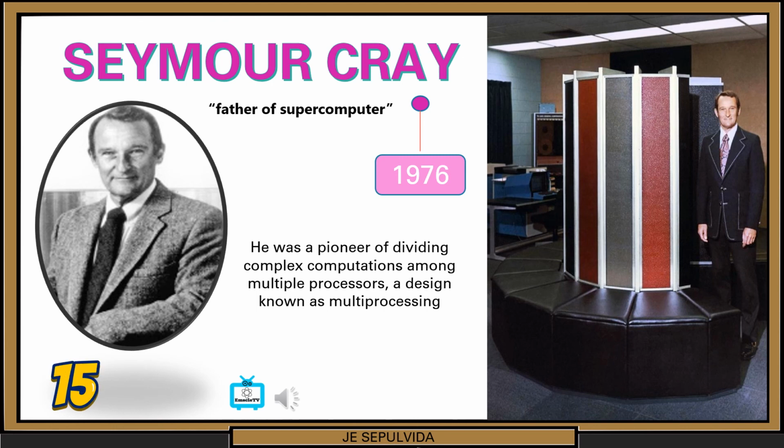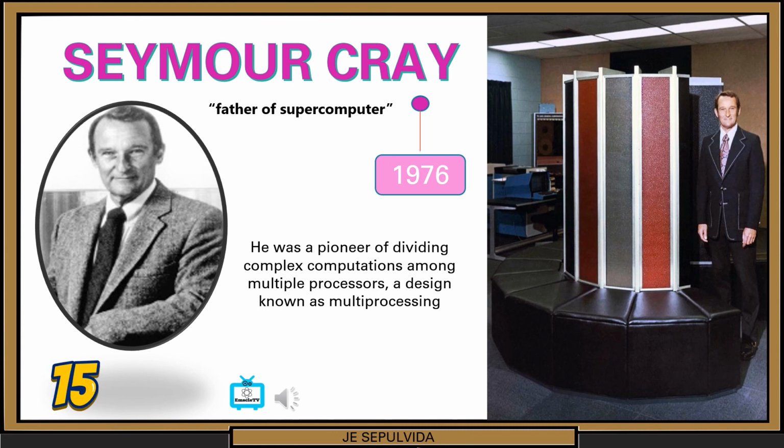In 1985 the Cray 2 was introduced to the market. This machine, which was cooled by Fluorinert electronic liquid, could perform 1.2 billion calculations per second. The Cray Y-MP, introduced in 1988, was capable of 2.67 billion calculations per second.